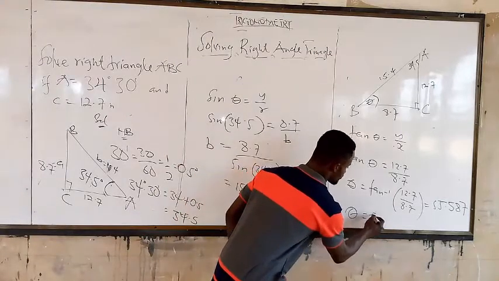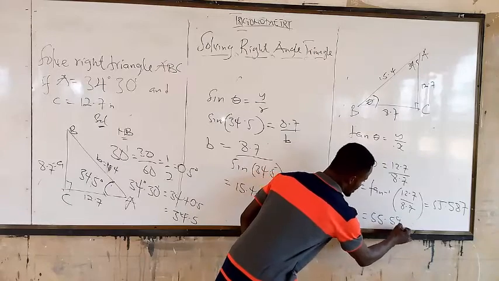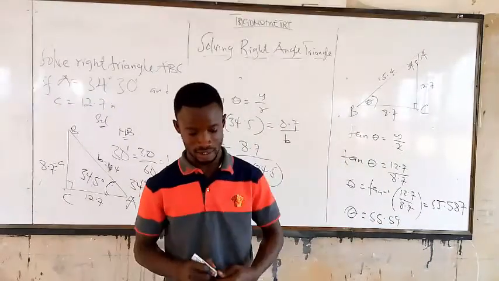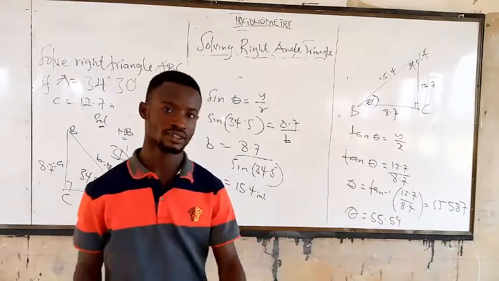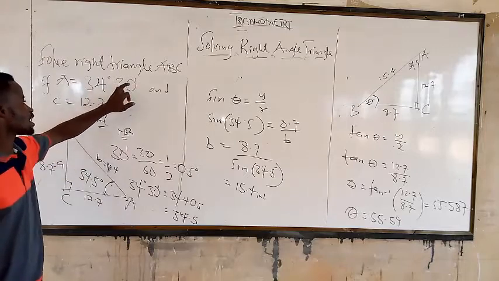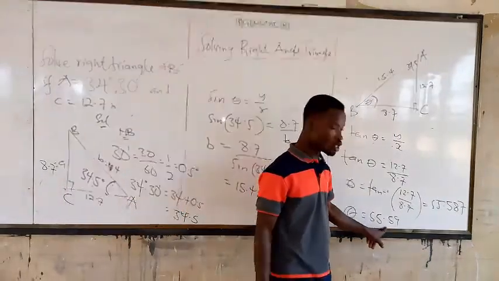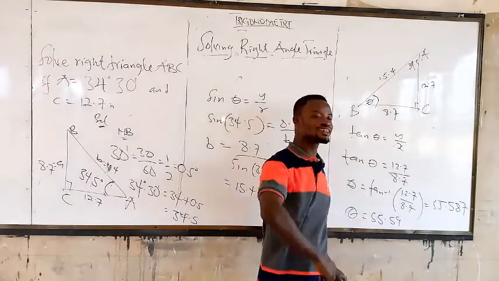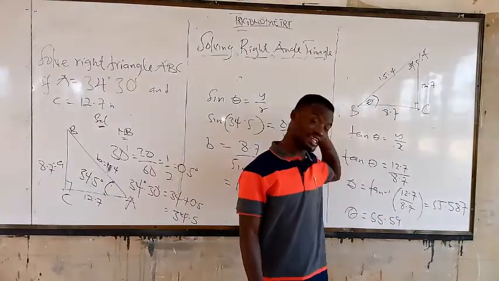So theta is approximately 55.59. But don't forget that the angle here was given to us in degrees and minutes. So we can convert this also to degrees and minutes, knowing that 55 is already in degrees.